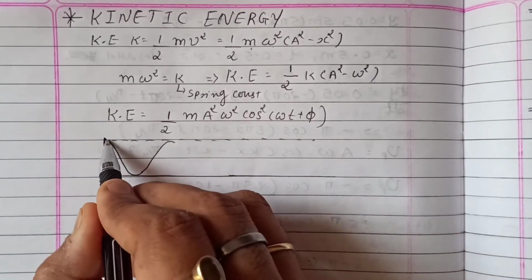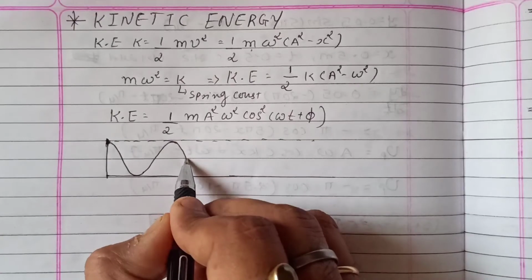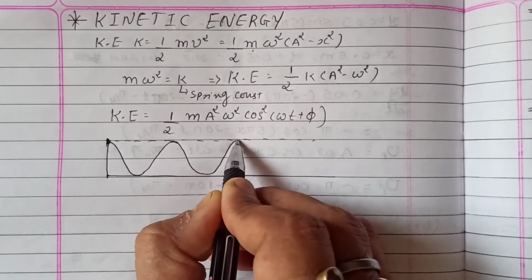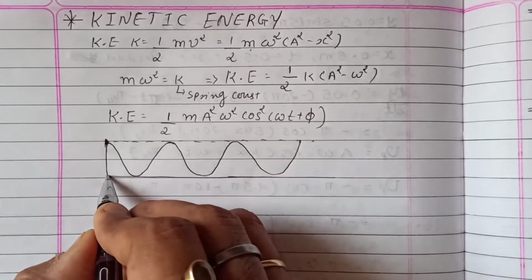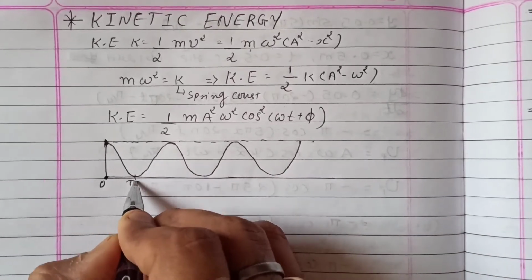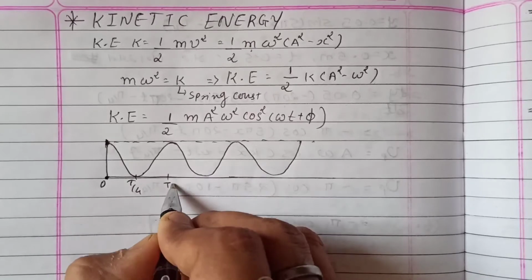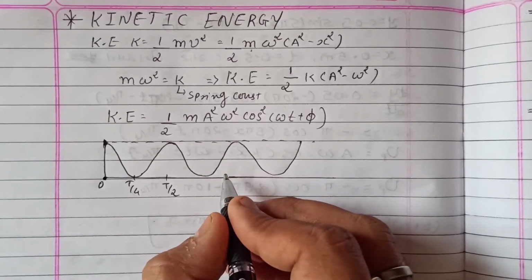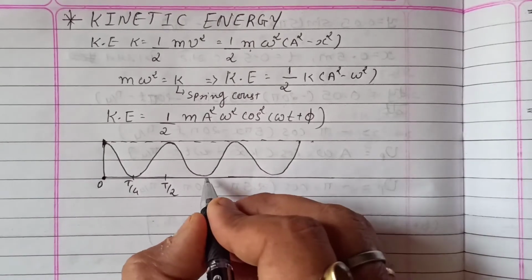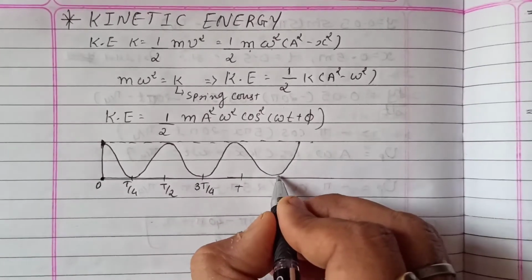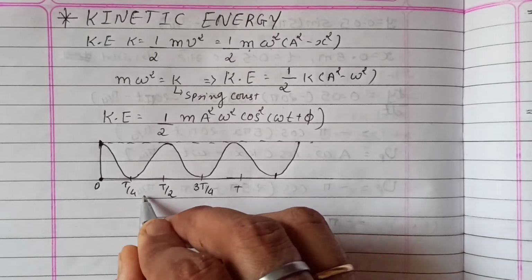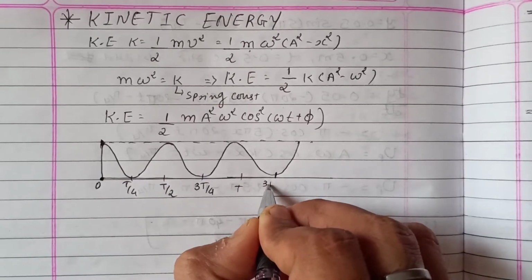Here it is cos, so it starts from the extreme point. This is 0, this is T by 4, this is T by 2, this is 3T by 4, this is T, and this is 3T by 2.